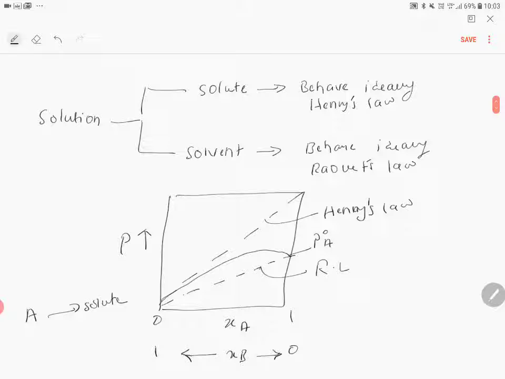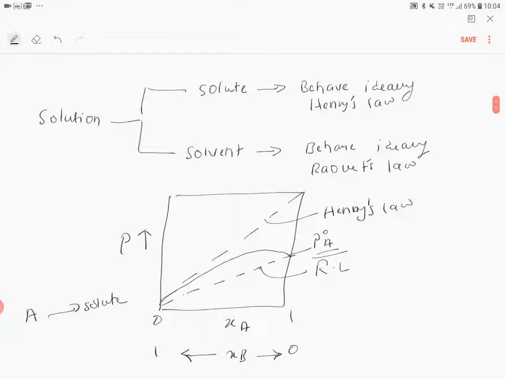which is obeying Raoult's law. So as you see in the above figure, we have solutions of liquids A and B. The partial pressure of A plotted against its mole fraction in the solution gives a curve as shown in the above figure. The curve according to Raoult's law can be obtained by connecting the 0 point at the left, that is XA equal to 0, with the point representing P naught A at the right, where XA is equal to 1.